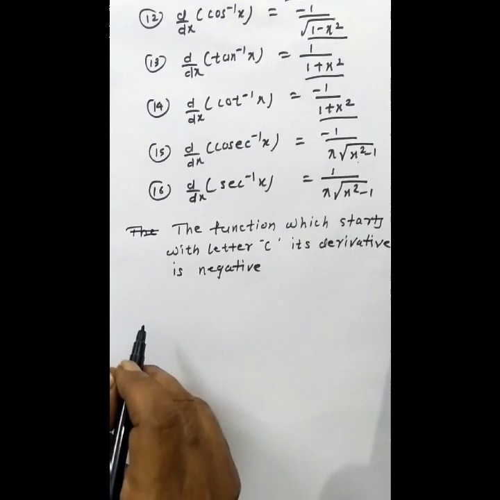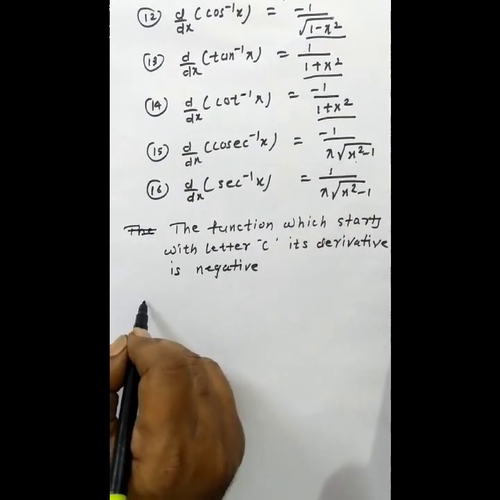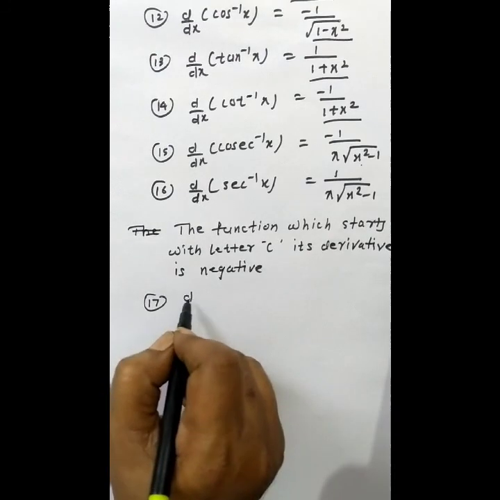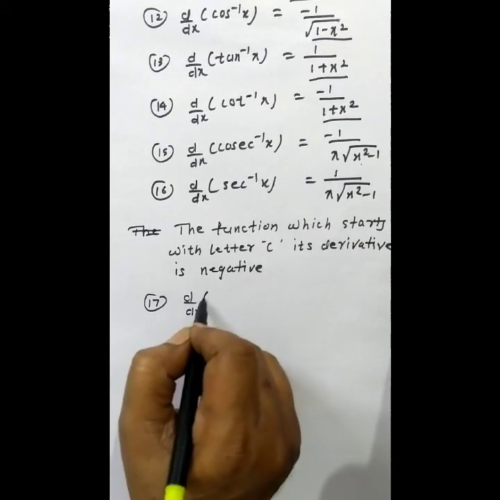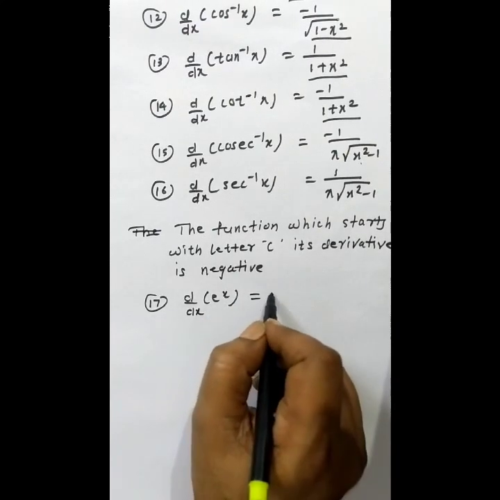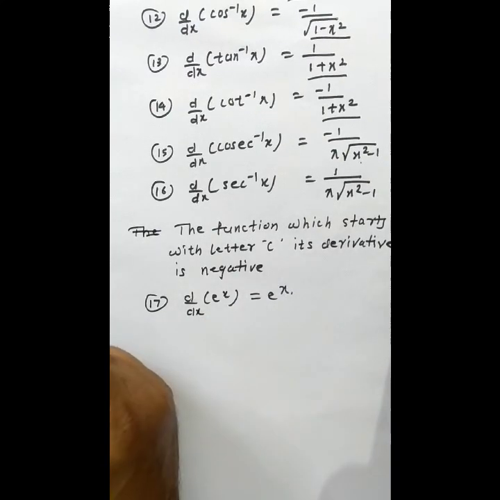Next we'll come to exponential functions. So I will write as 17th. d by dx of e raised to x. This is an exponential function. The derivative of e raised to x is e raised to x.